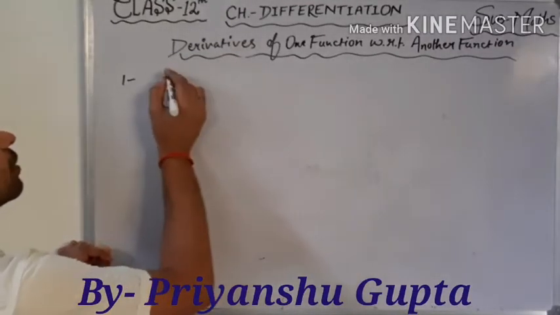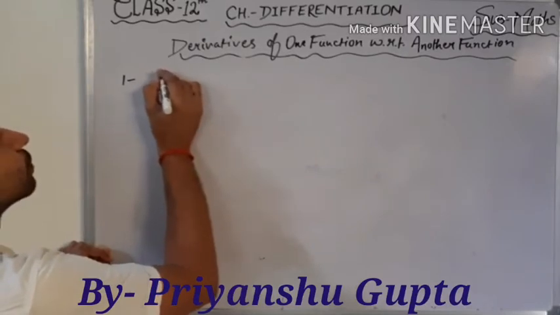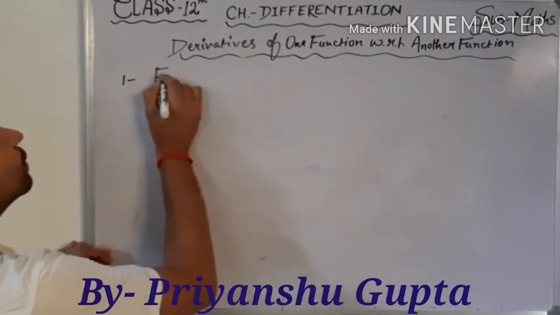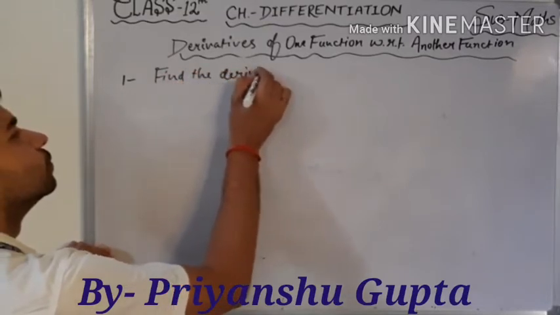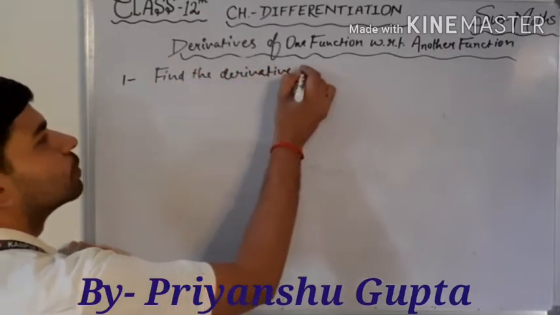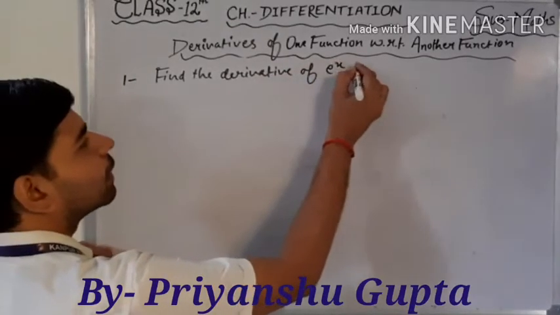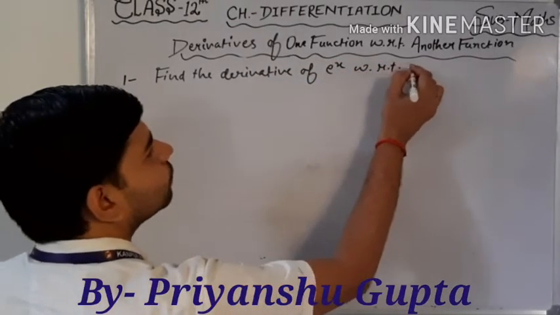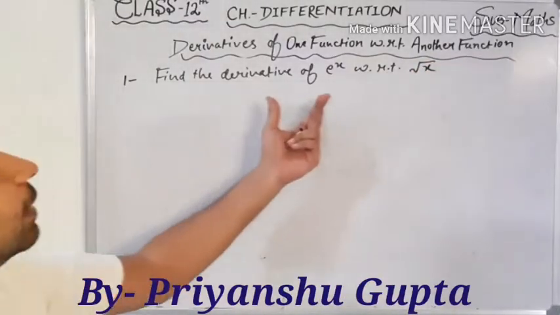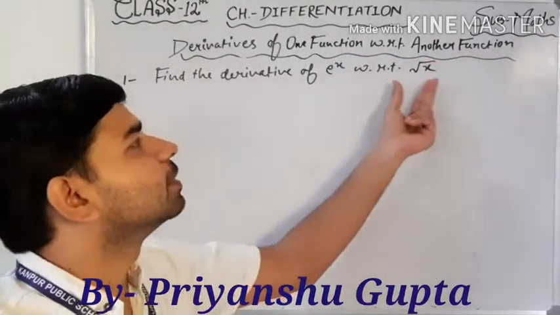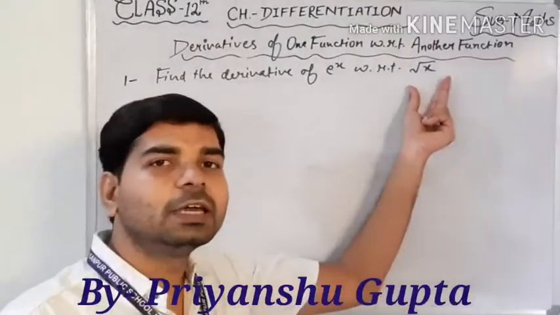Under this topic, the question is given as: find the derivative of e to the power x with respect to under root x. You have to find the derivative of e to the power x with respect to the function under root x.